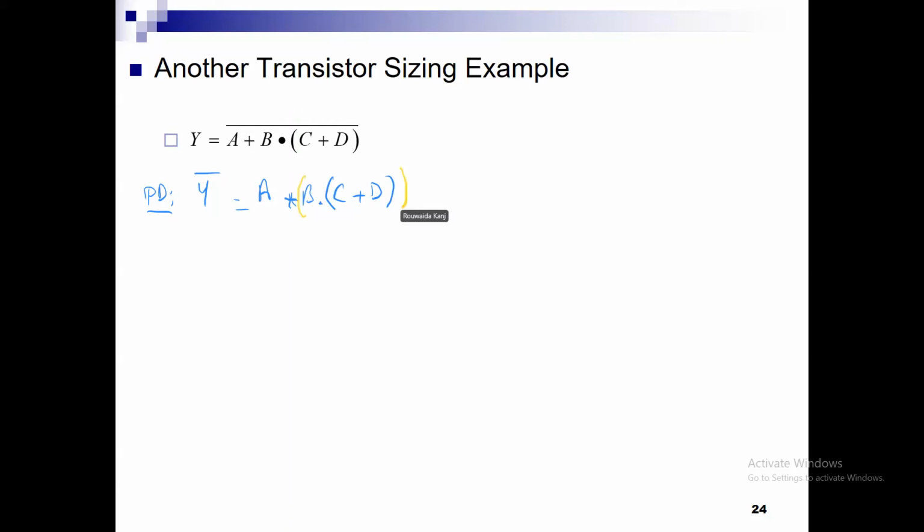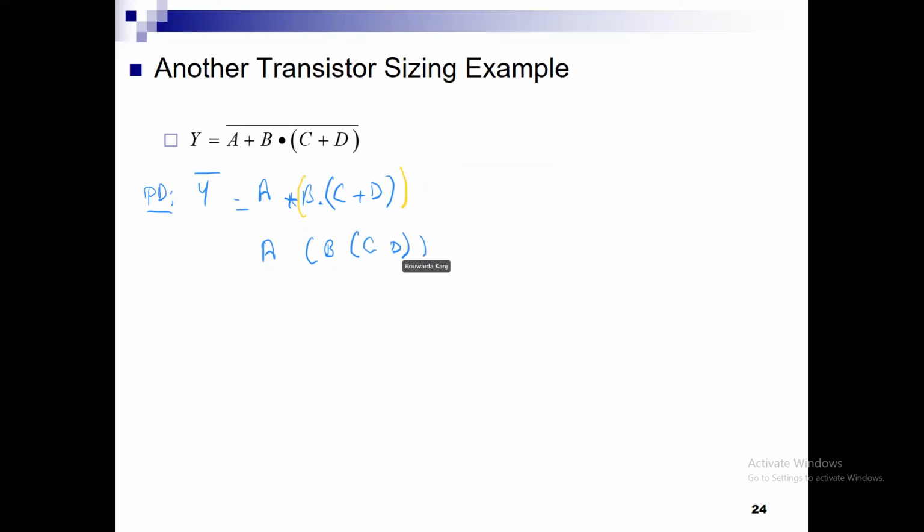And therefore when I write y bar it is simple. Okay, so this is A and B, C or D. I have then another bracket for C or D.